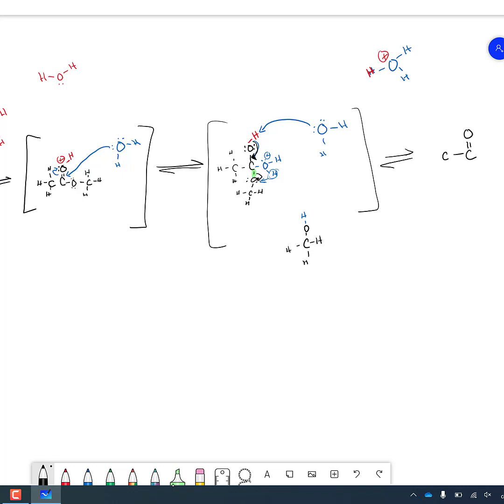So we're left here with this double bond oxygen. The alcohol came from my first water molecule in blue. And then when I say alcohol, I mean the OH part of the carboxylic acid.